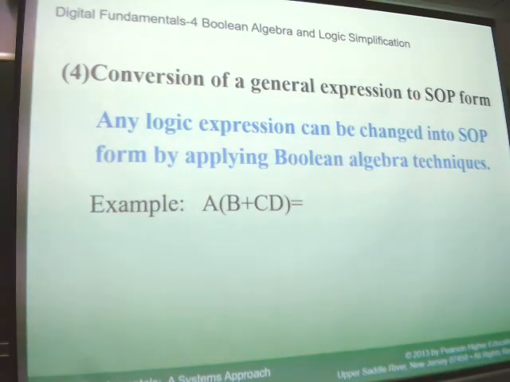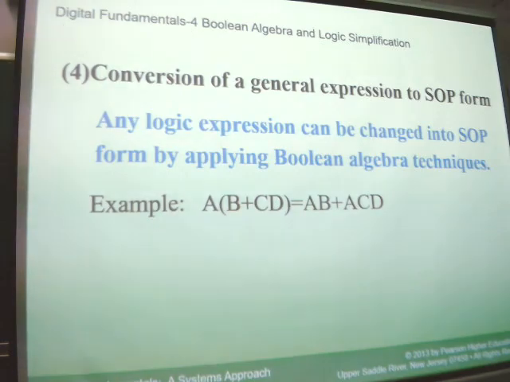If we know the general expression, we can convert it to SOP form. The method is like this.